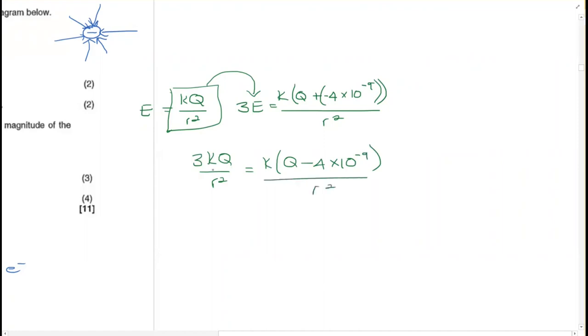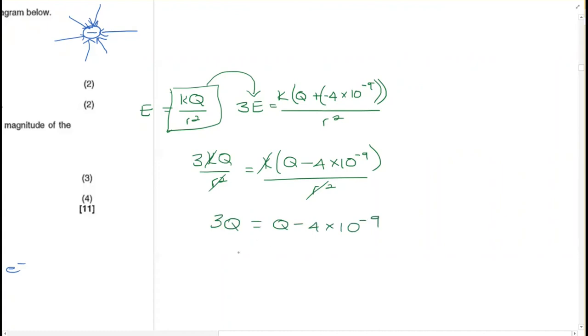So now we're solving, ultimately we're looking for Q, but let's see what cancels out. K cancels out with K and R squared cancels out with R squared, leaving us with 3Q equal to Q minus 4 times 10 to the minus 9.